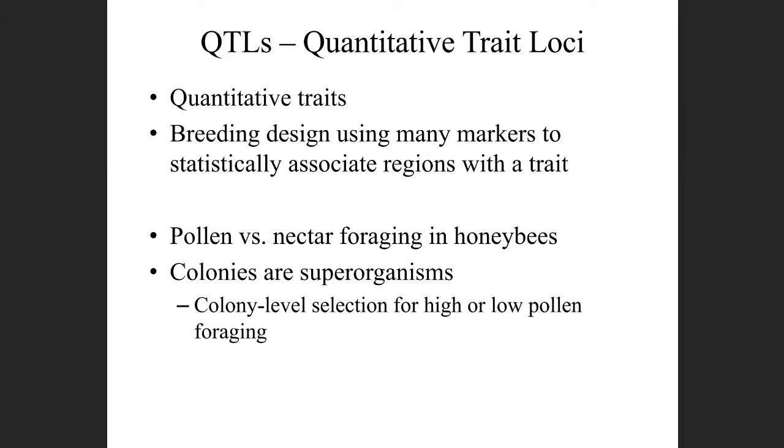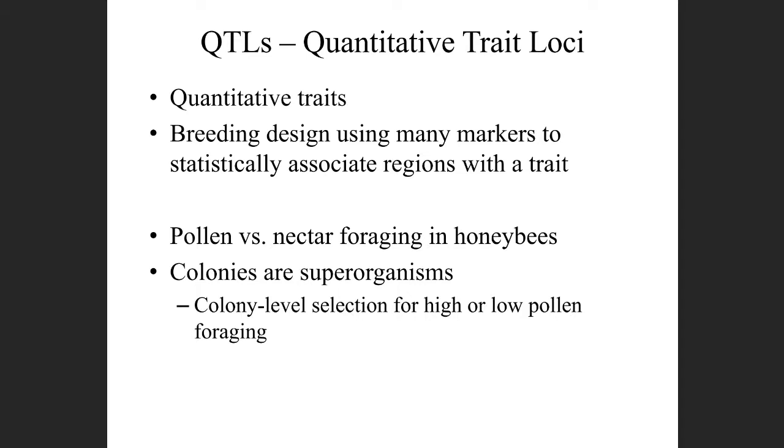You'll have tens of thousands of workers that are all sisters, the daughters of that queen, although many of them are half sisters because the queen goes on a single mating flight in her lifetime before starting a new colony or taking over a colony after the old queen swarms. She'll mate with many males on that mating flight.